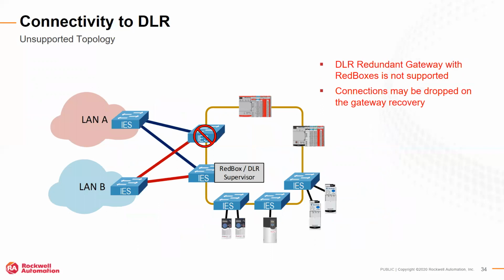So here's one thing that we do not recommend and do not support with respect to DLR, and that would be DLR redundant gateways with RedBoxes, which is currently not supported.